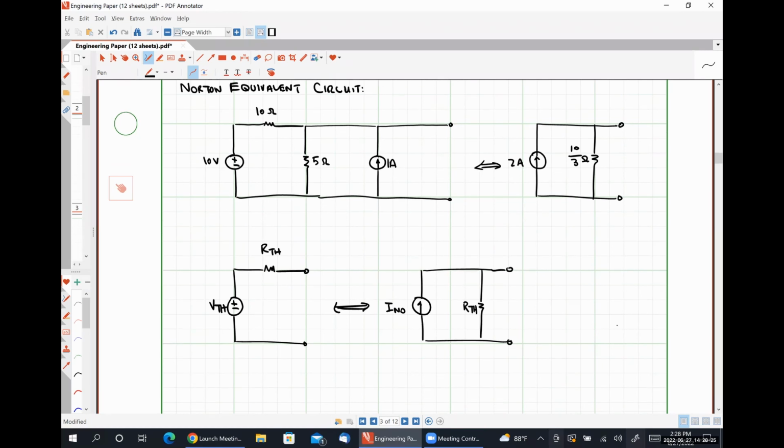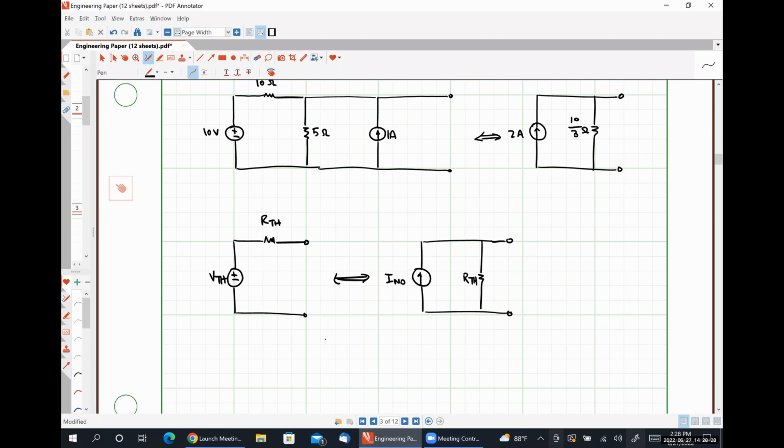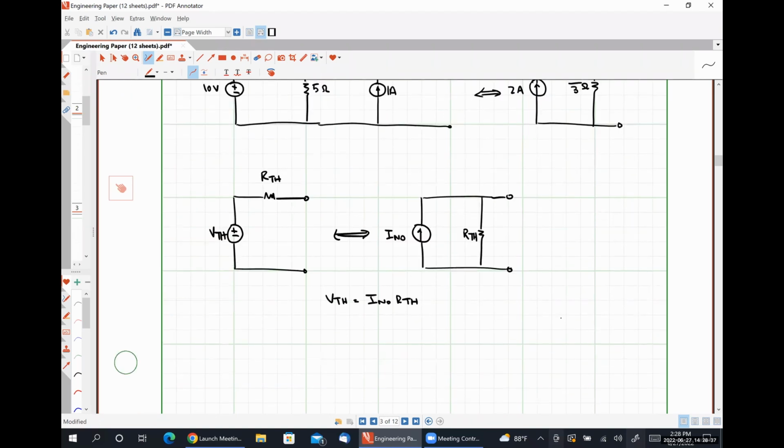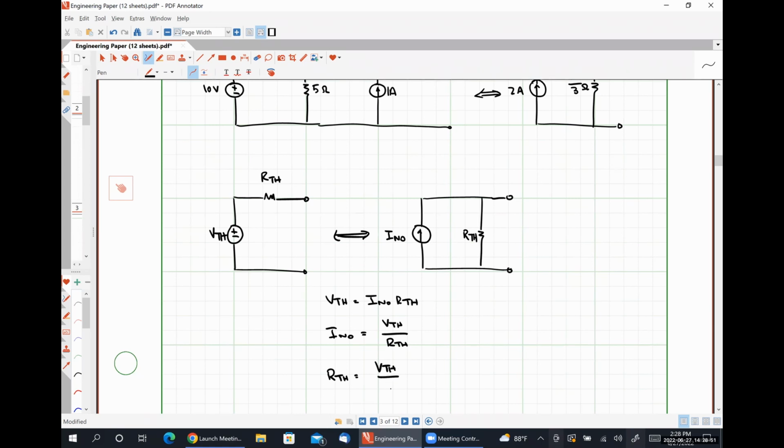And the rule here is simply Ohm's law. VTH must be equal to I Norton times RTH, or I Norton would be VTH divided by RTH, or RTH would be the ratio VTH over I Norton. All three of those equations really mean the same thing. They're just algebraic manipulations of Ohm's law.